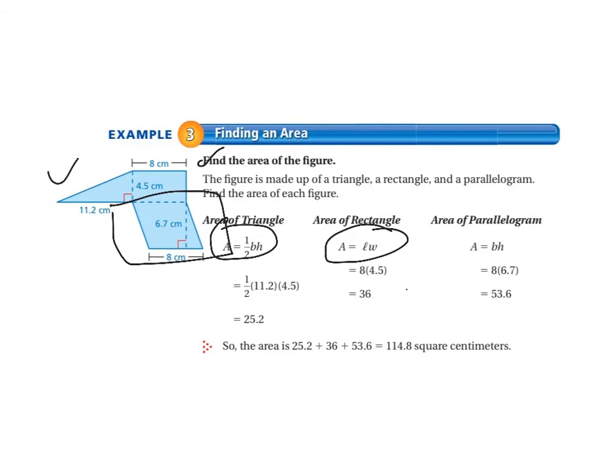And the area of the parallelogram, remember parallelograms are just like rectangles. They're just tilted a little bit. So area is base times height. And so it's 8 times 6.7, and that gives us 53.6. So the area of the entire figure is all of those added up together, which gives us 114.8 square centimeters.